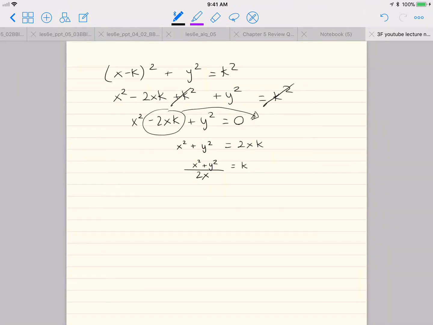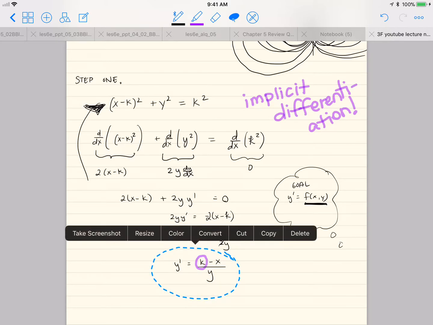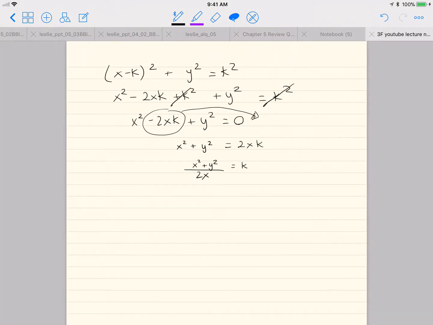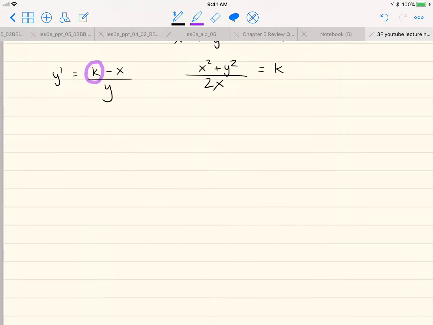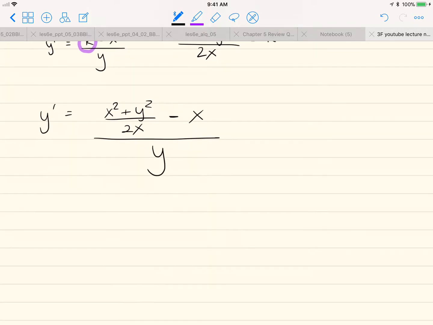Okay, so this I'm going to substitute into my differential equation. That's how I'm going to eliminate k. So I'm going to combine these two facts. So my y prime is equal to k, but k is equal to (x squared plus y squared) over 2x, minus x over y.